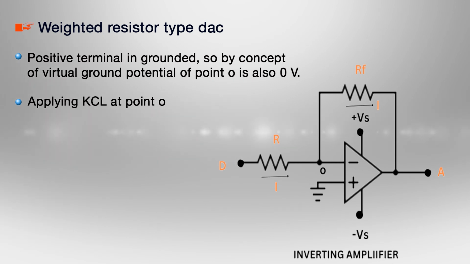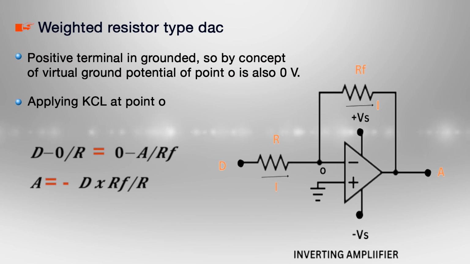Now, applying KCL at point O, current incoming to point O, that is D minus 0 by R, should be equal to current outgoing from point O, that is 0 minus A by RF. Solving this equation, we get A is equal to minus D into RF by R. This equation we will use in weighted resistor type DAC circuit design.